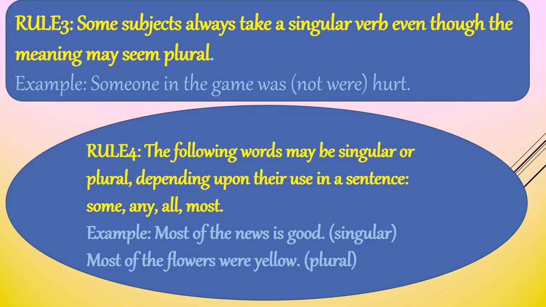That's why the singular form of the verb is used. In the next sentence, most of the flowers were yellow. Here flowers are plural and countable. That's why the plural form of the verb is used.